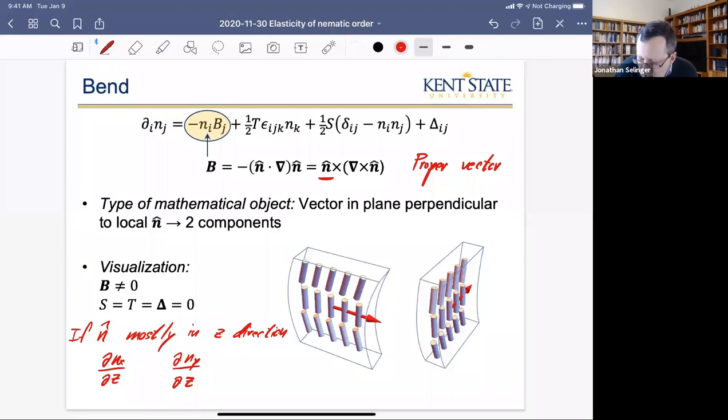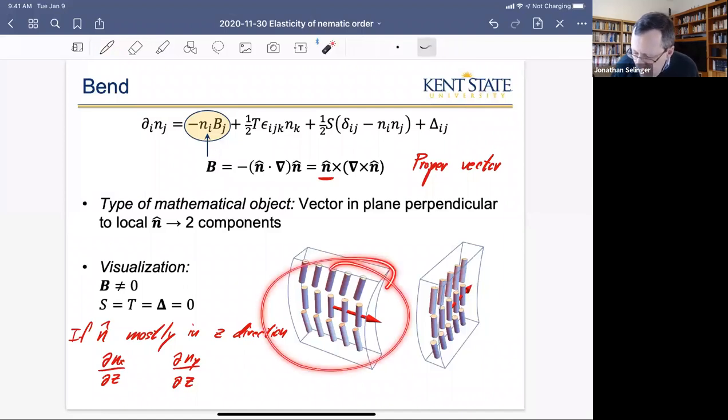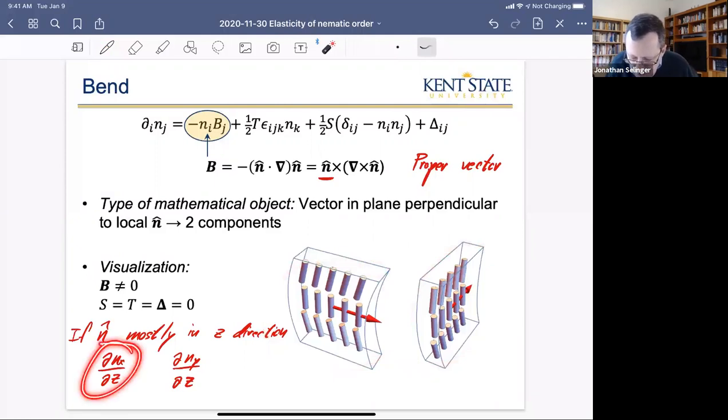One component is what's illustrated in this picture, and here's the other component. So if you have n_x as a function of z and n_y as a function of z, that's a vector in the xy plane. So this is one way that a director can vary as a function of position.